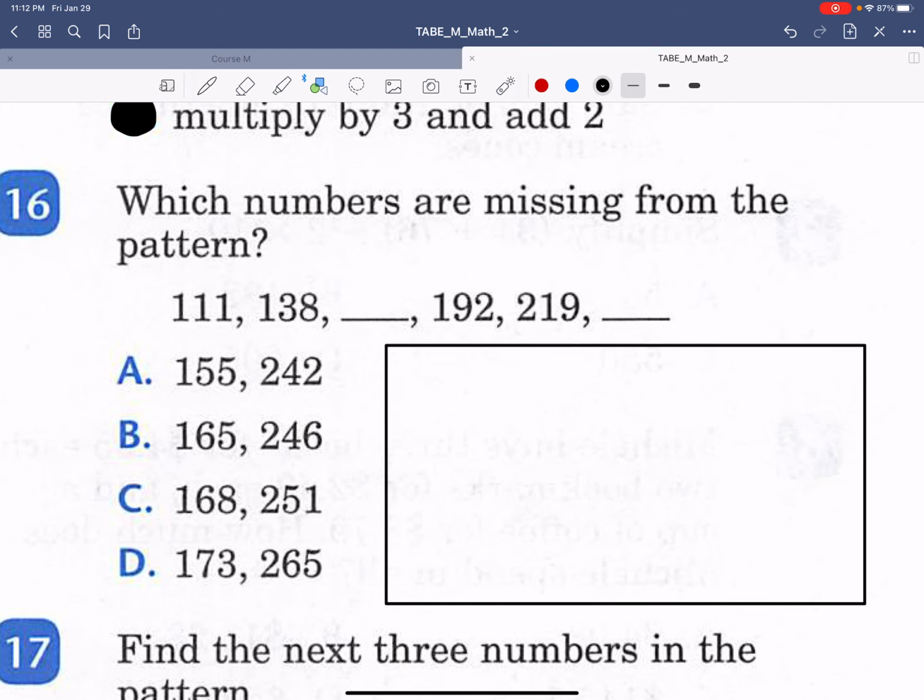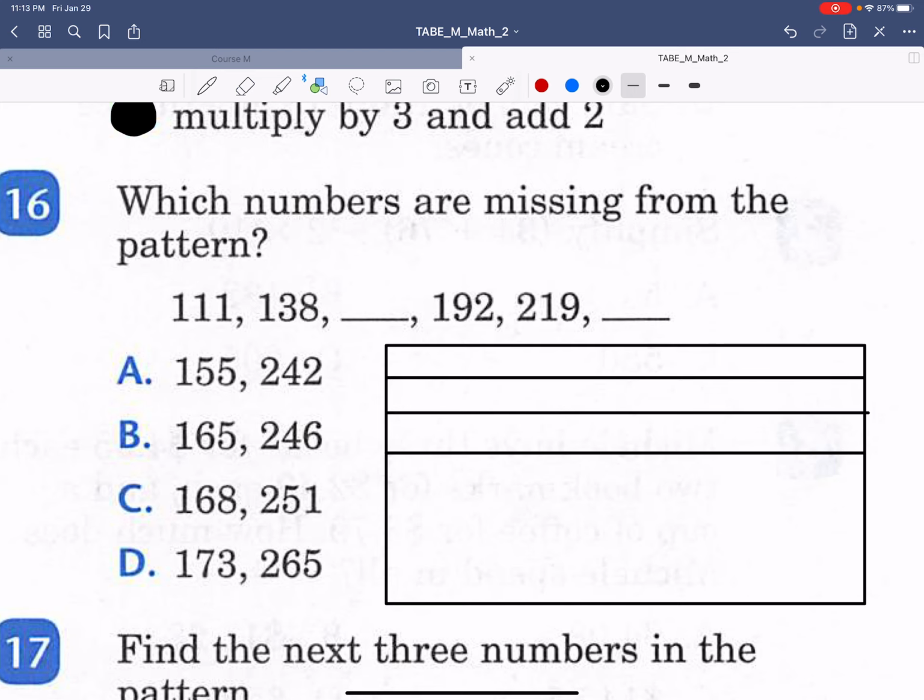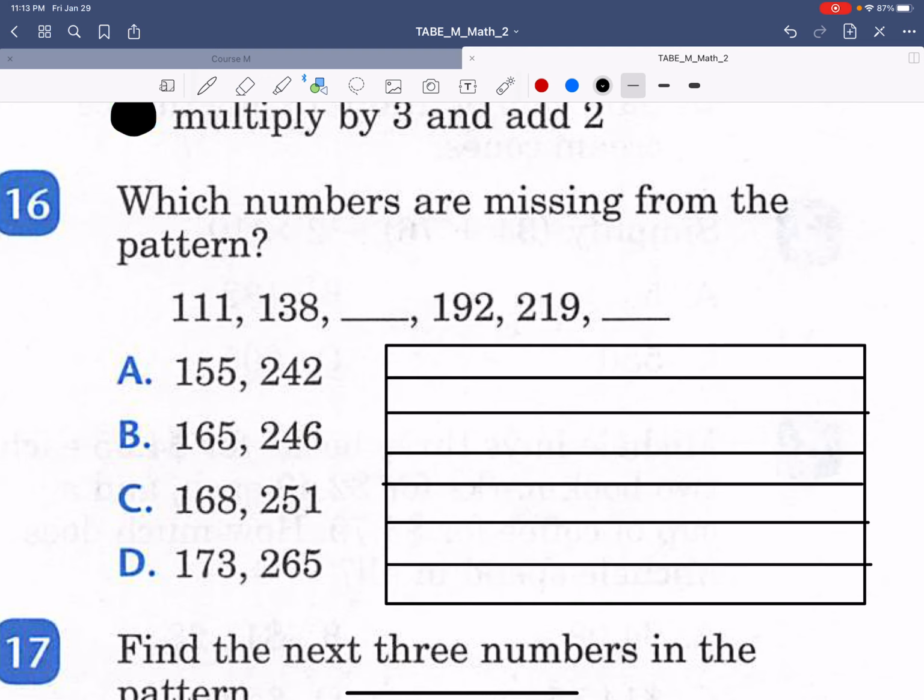So draw a table. I have 1, 2, 3, 4, 5, 6 numbers, counting the unknowns. So I'll make a table with 7 rows. Input, rule, output. 111 is right beside 138, so that is an input-output.